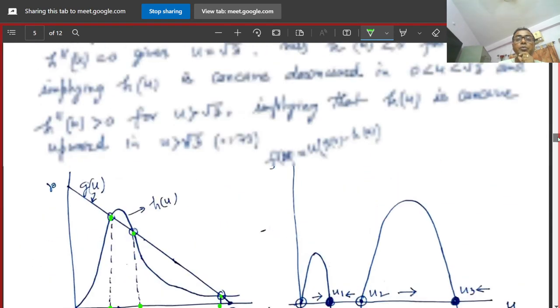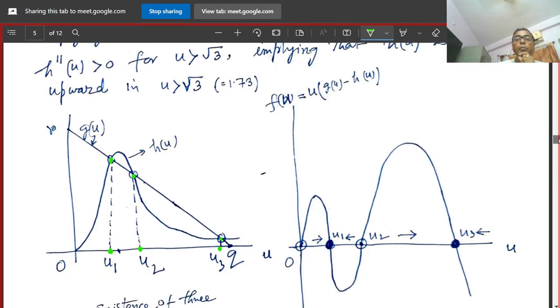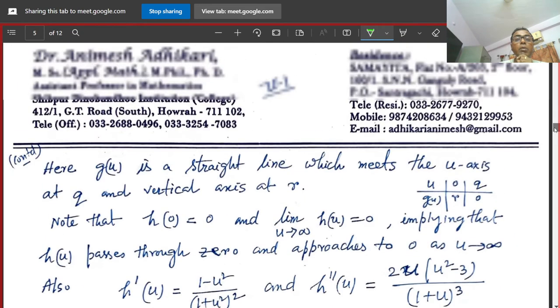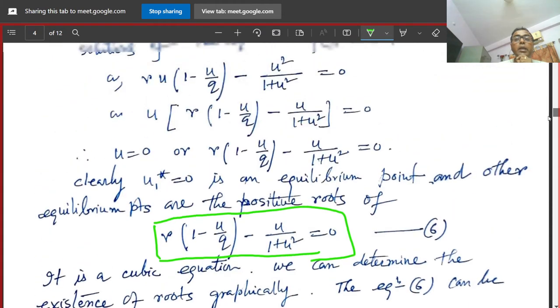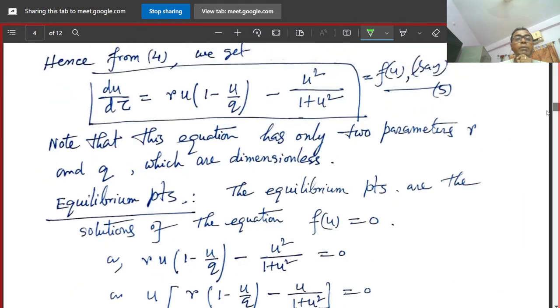And the phase portrait, that is u and f(u). f(u) means du/d tau, from equation 5. This is du/d tau versus u, the phase portrait of equation 5.